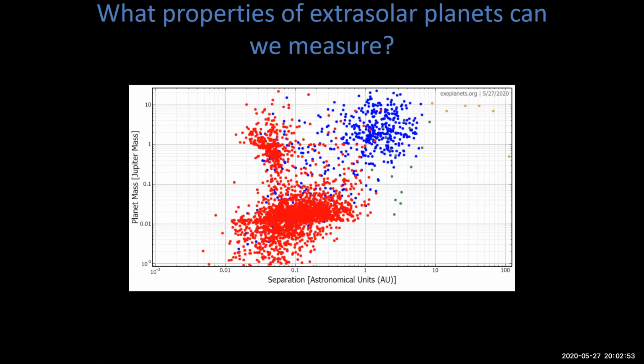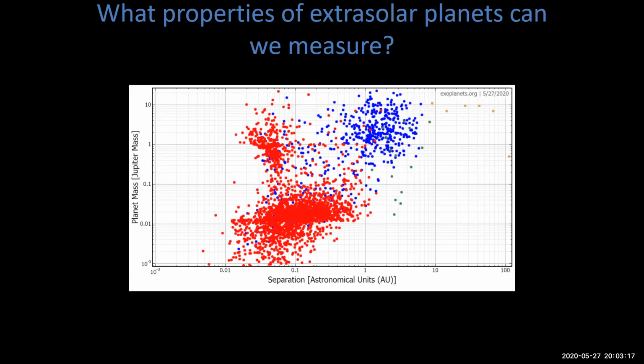And we are measuring the distance of those planets from about 0.01, so that's like 5 times closer than Mercury, to about 10, which is roughly where Saturn is today. So that's the range that we're able to look at.